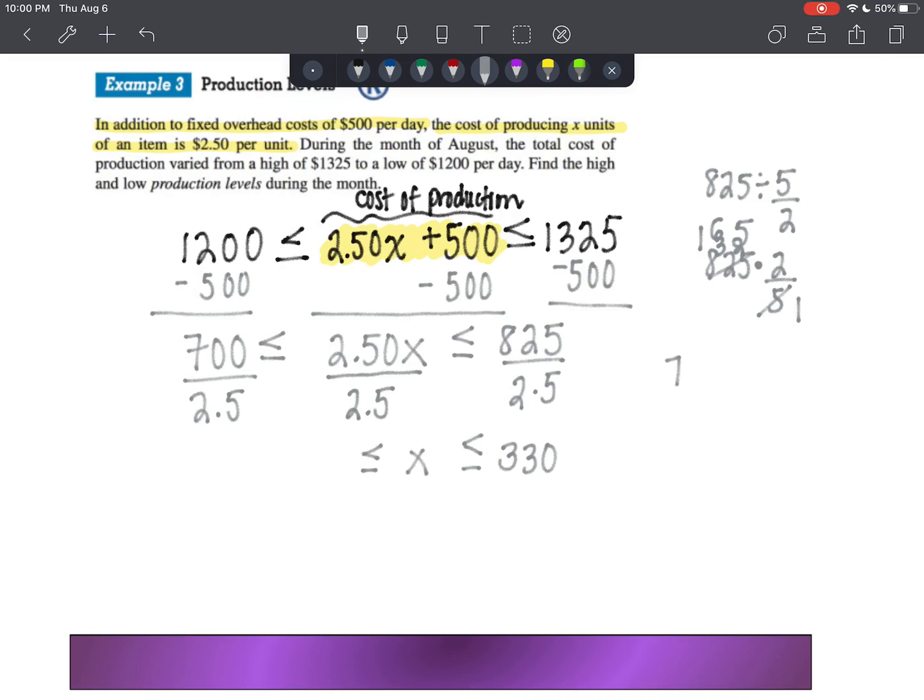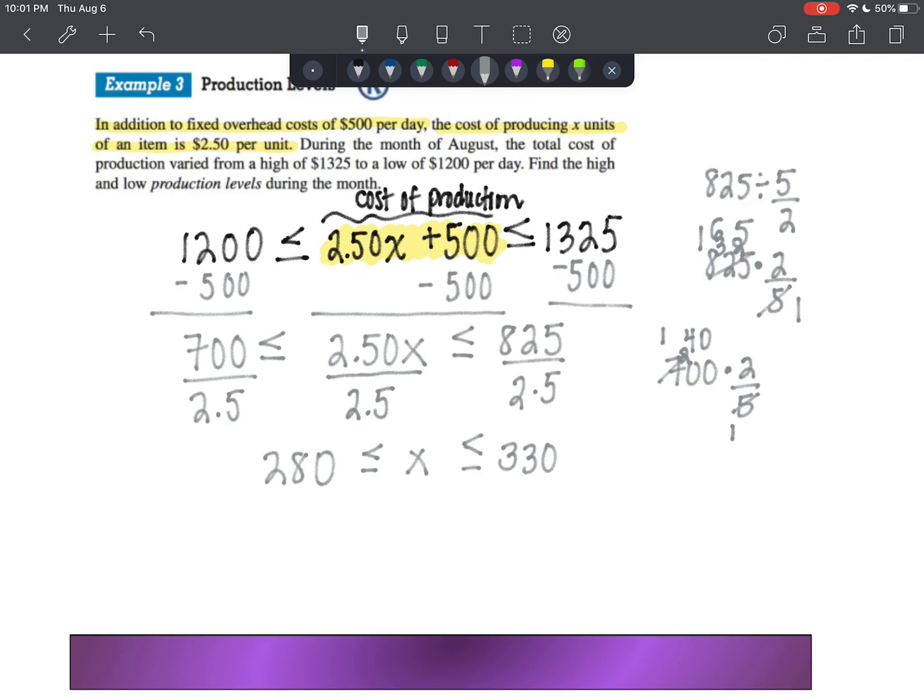I'm going to do the same thing with the 700. Dividing by 5/2 is the same thing as multiplying by 2/5. 5 goes into 700 140 times. 140 times 2 is 280. So we've got 280 is less than or equal to X is less than or equal to 330.